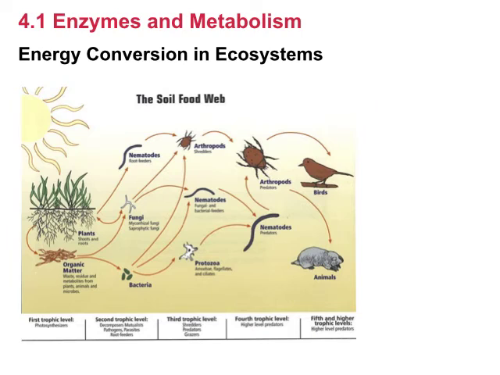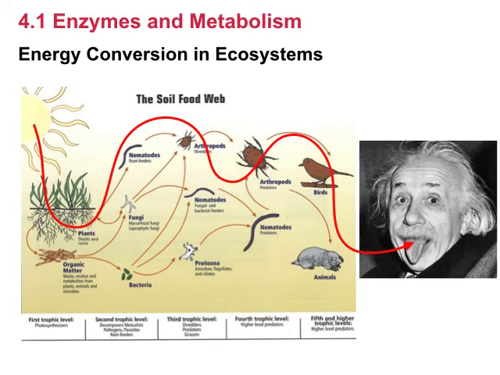So in ecosystems, energy is converted. All energy in an ecosystem ultimately comes from the sun, and then plants harness that sun energy and turn it into sugar via photosynthesis. All the other animals that can't make their own food eat plants, and ultimately that's how we survive as well: we have to eat other animals or plants in order to get our food.